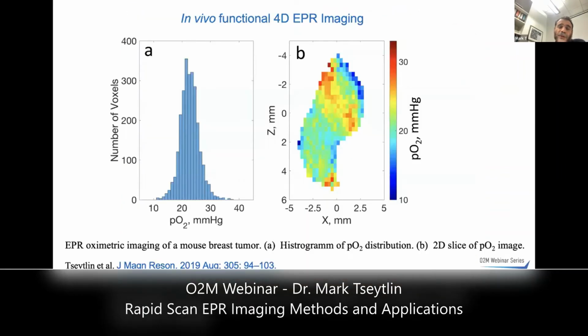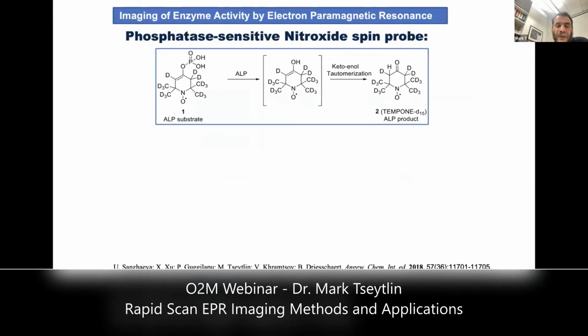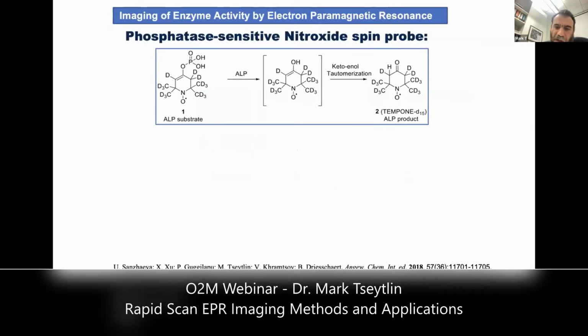So in terms of what you can do, let's say in vivo oxygen mapping in a mouse. Another example, in collaboration with our colleague Benoit Trescart, we did this.